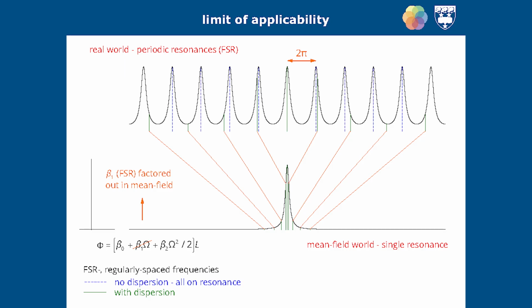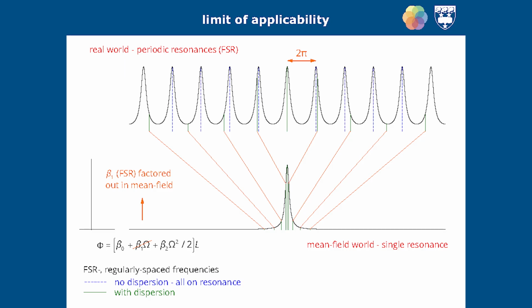And now you can see that with a single resonance, if I factor out the beta 1, I can actually correctly describe the fact that these frequencies are filtered out by the resonator. I don't need multiple resonances, okay? Now, there's a bit of a catch here, in the sense that you can see that this one is at the resonance, this one is slightly down, slightly down, slightly down. This one goes up here because I'm starting to climb up against the next resonance, while here it keeps going down, okay?